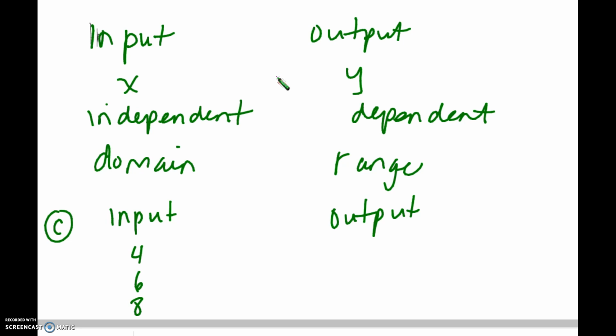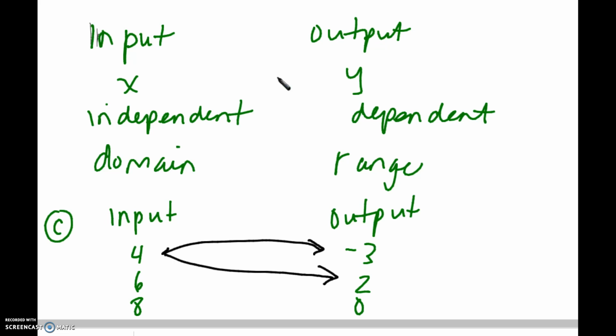Our input values are 4, 6, and 8, and the output values are -3, 2, and 0. And we will say that 4 maps to -3, and 4 maps to 2. And let's say that 8 maps to 0. Is this relationship a function? And the answer is no, it's not a function.